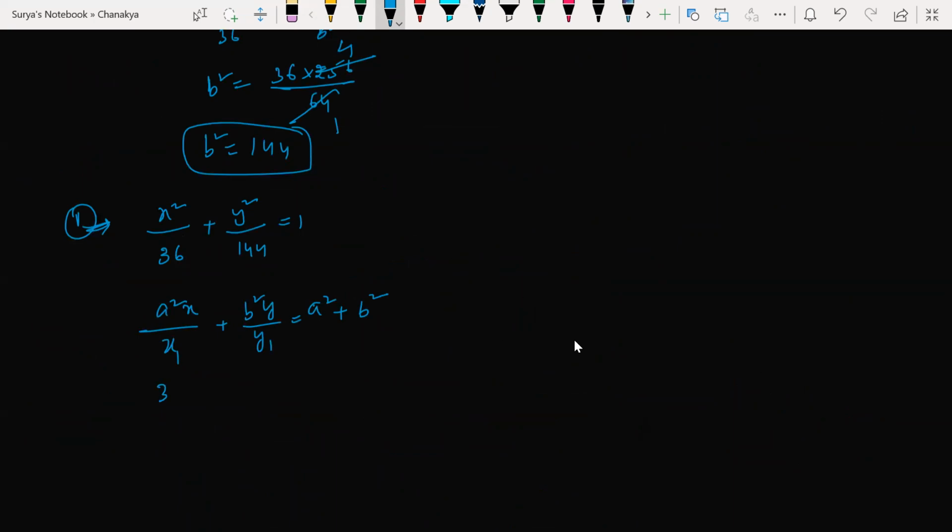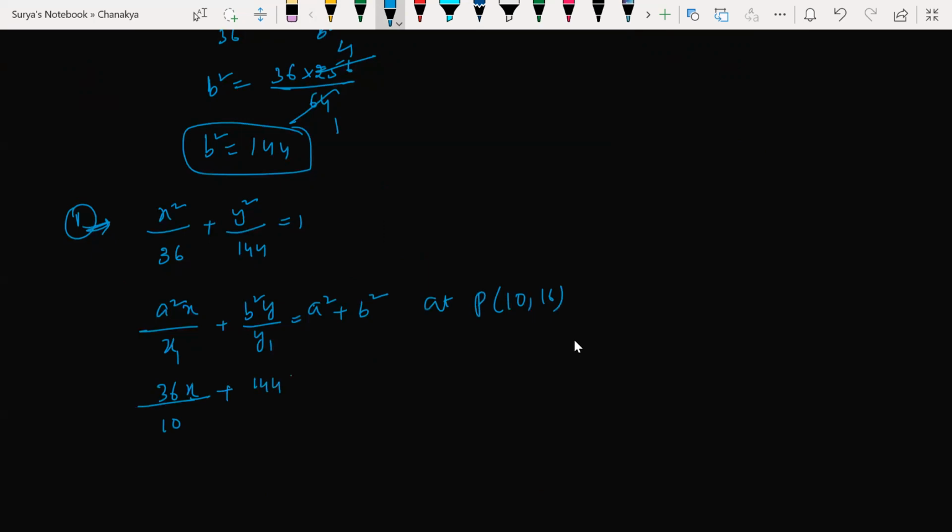A square, what is a square here? 36. X1 is what? I mean not x, below we have to write x1, so 36x by x1. x1 is what? 10. Beta, at point P 10, 16 is given. So x1, y1 given 10, 16. Substitute here. That's it.